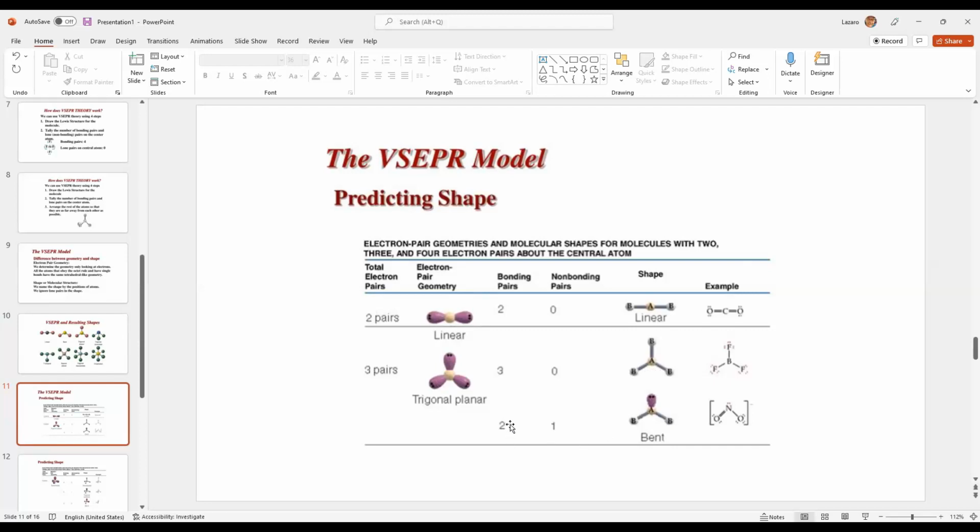But you have the case where you have 3 electron pairs, 2 of them bonding and 1 not bonding, like the case of NO2. So the molecule in this case doesn't take into account the non-bonding electrons, and we see that the shape is bent. It's the same structure as the water molecule.